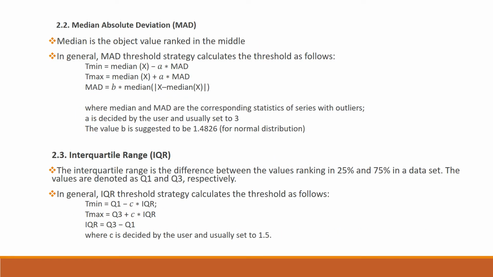Now, the next, median absolute deviation method. Median is the object value ranked in the middle, or the average of the two central objects in case of an even-sized dataset. In general, the MAD threshold strategy calculates the thresholds as follows: Tmin, Tmax, and MAD, where MAD is beta times the median of the absolute value of x minus median of x.